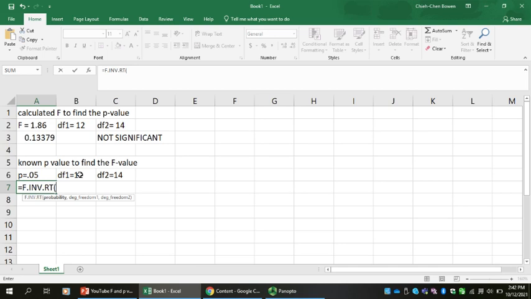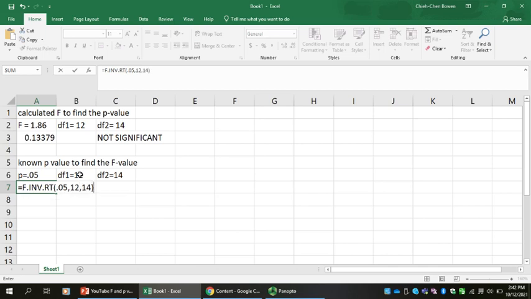Alright, and the operation shows up down below, telling you that you need the probability and the degrees of freedom. So probability, as we were talking about, 0.05, and degree of freedom 1 is 12, degree of freedom 2 is 14.